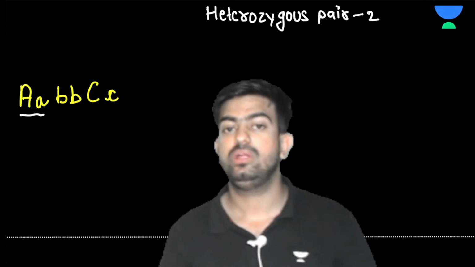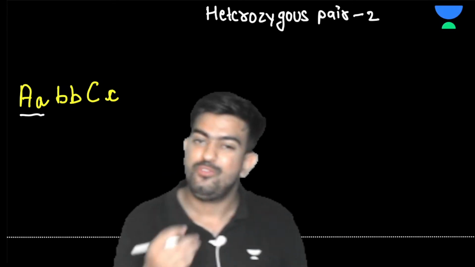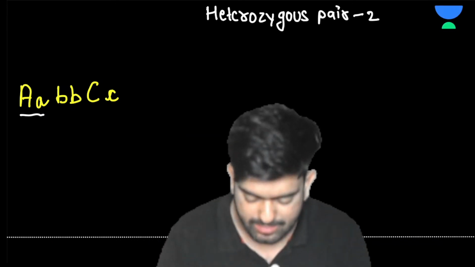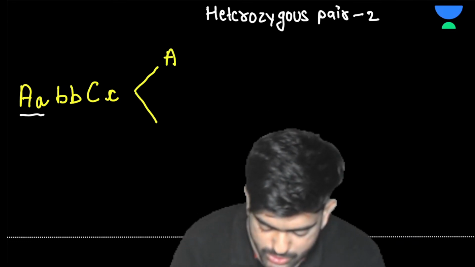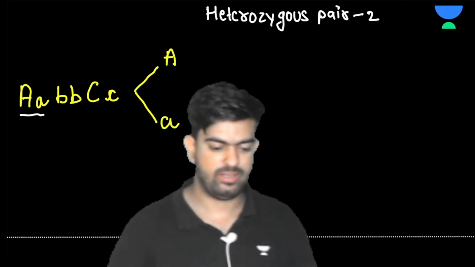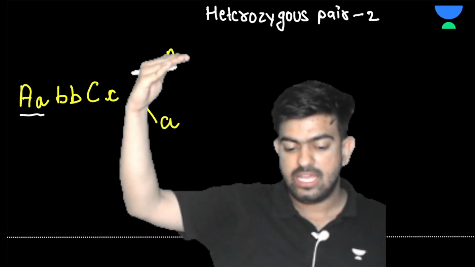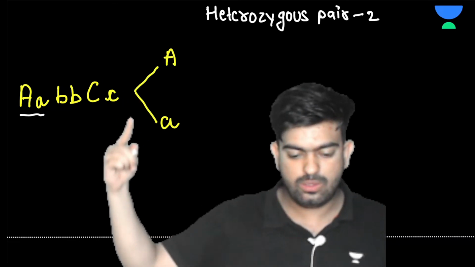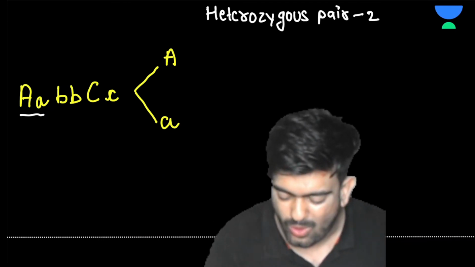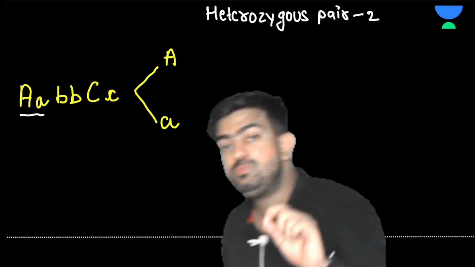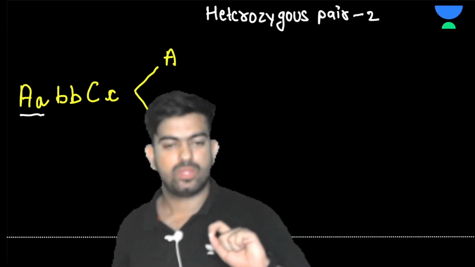Now we are going to follow the fork line method. Here we have capital A, small a. We bifurcated it because in one gamete capital A is going to go and in the other gamete small a is going to go. But sir, what will happen with this small b and small b?